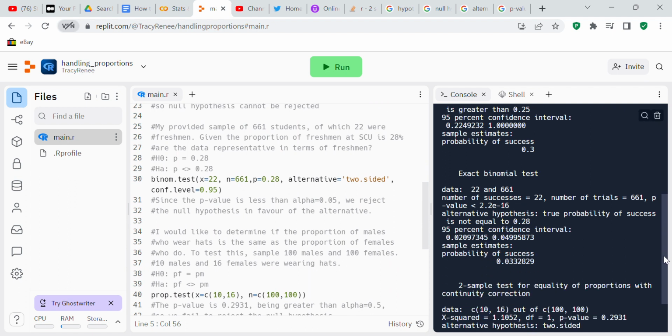So my provided sample is 661 students, of which 22 were freshmen. Given the proportion of freshmen in SCU is 28%, are the data representative in terms of freshmen? The null hypothesis is p equals 0.28, and the alternative hypothesis is p does not equal 0.28.